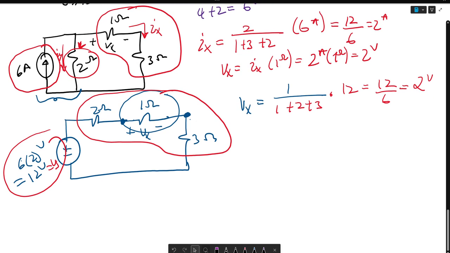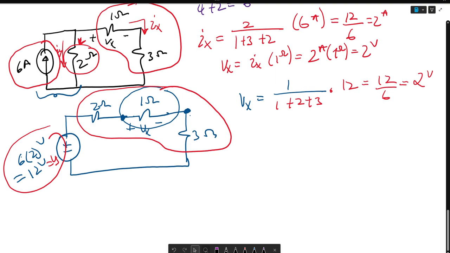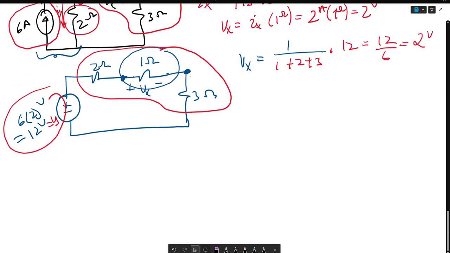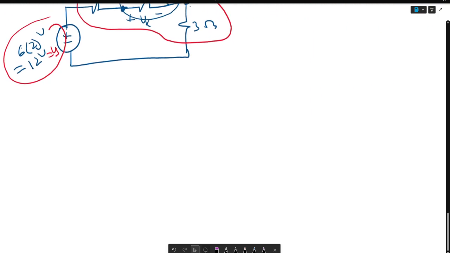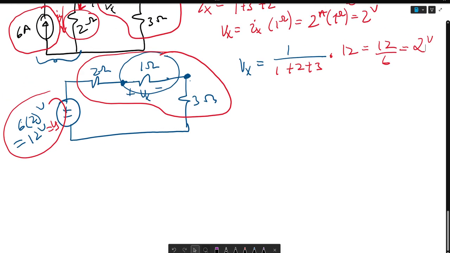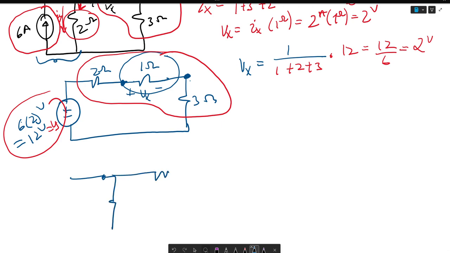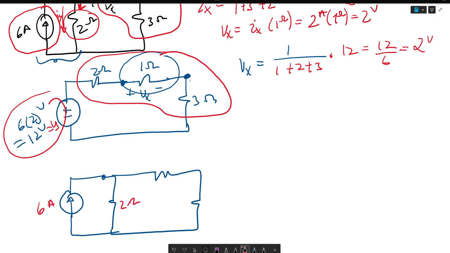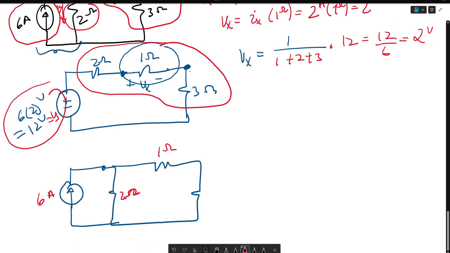Another way you can do this is using nodal analysis. Essentially, if you remember from our previous lecture, if you had something like this, and this was the 6 amps, 2 ohms, 1 ohm, and 3 ohms.